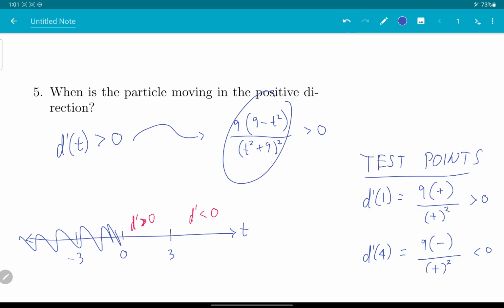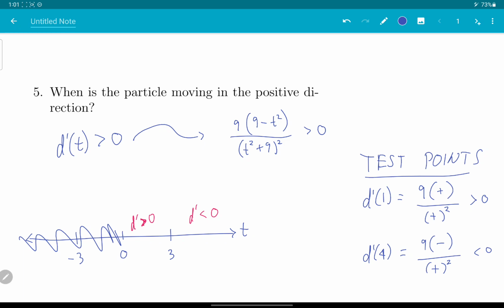Plugged it in here, got a positive number. That told me that here I got d prime bigger than 0. To classify this interval, I chose 4. I could have chosen 14 or 63, but the point is I need to determine whether d prime is bigger or less than 0 over here. So I did that.